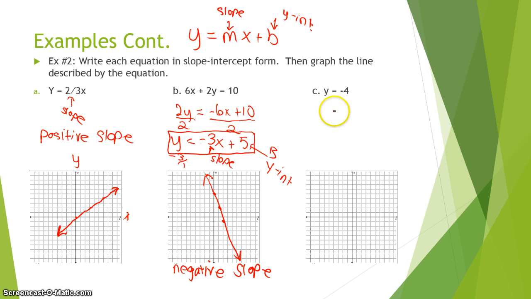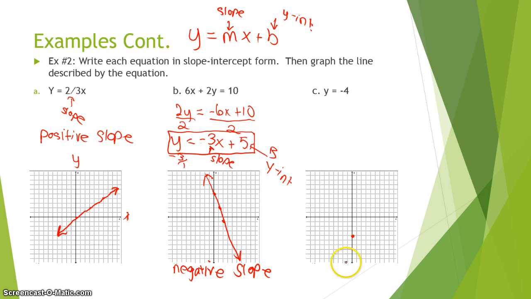Looking at C, we have y equals negative 4. So this is in the form of y equals mx plus b, the slope-intercept form. But notice they're only giving me negative 4. They're only giving me my y-intercept here, really, because they're not giving me a slope or anything like that. So what I can do is just graph y equals negative 4 by going onto my graph, starting at the origin 0, 0, going down 4, 1, 2, 3, 4 from the origin 0, 0.